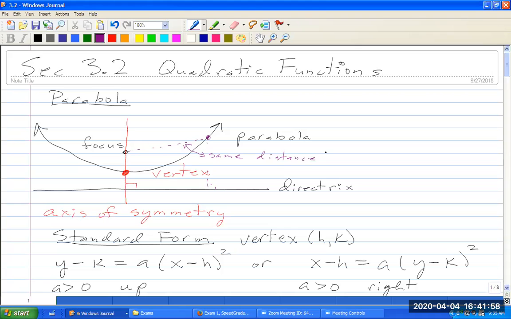So the distance from a point to the focus will be the same as the distance from this point to the directrix, and that will be true for any point on the parabola.